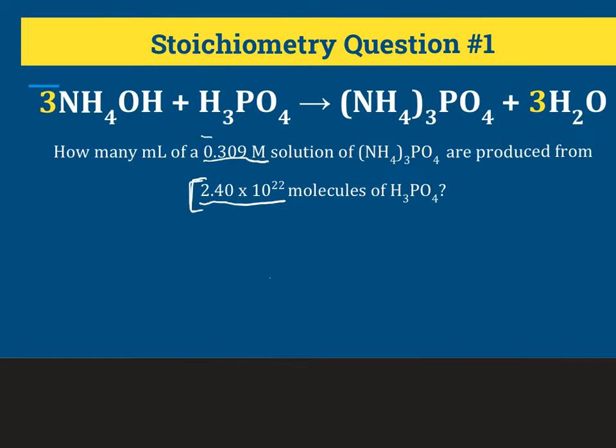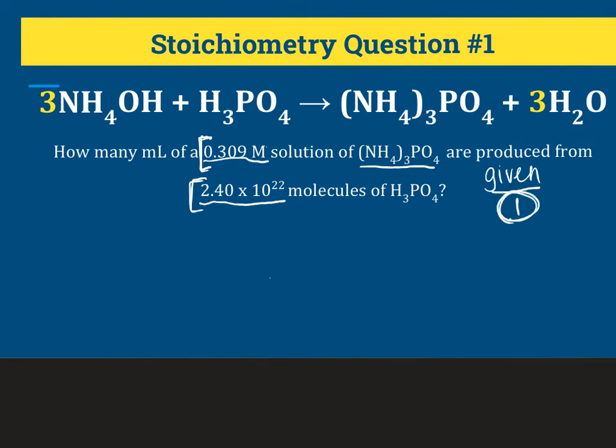I have the number of molecules of H3PO4 as well as the molarity of a solution of (NH4)3PO4. This is a situation where you're going to look at the two givens and choose the given that you can put over 1. Not over 1 in a unit, just 1.